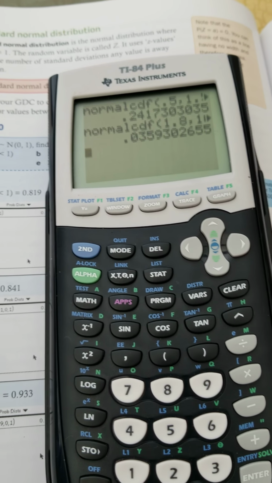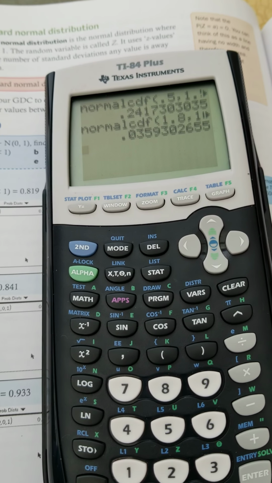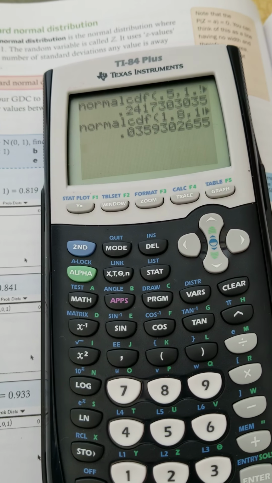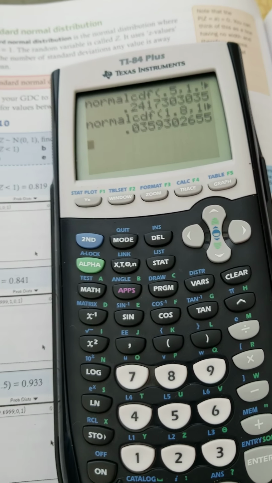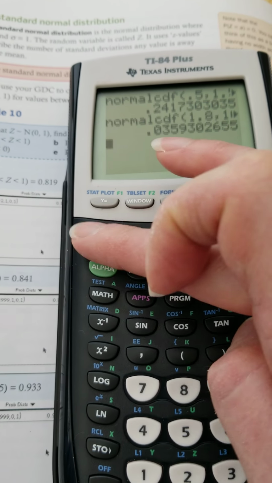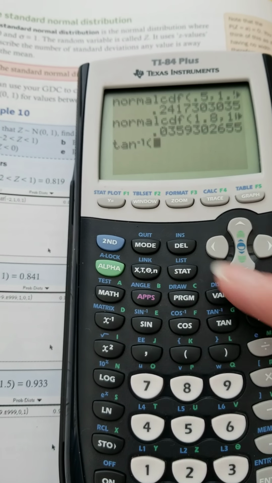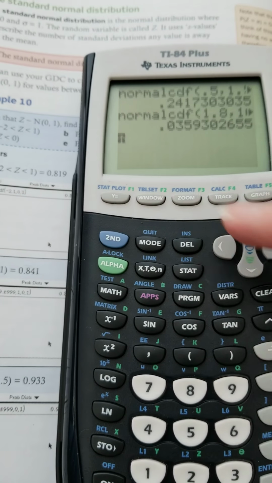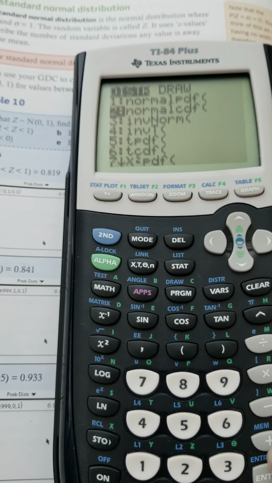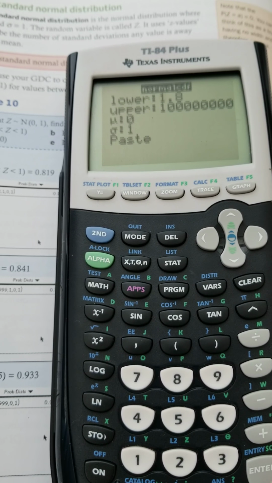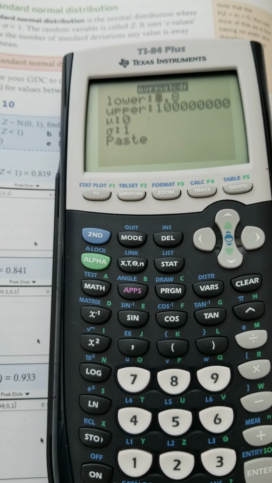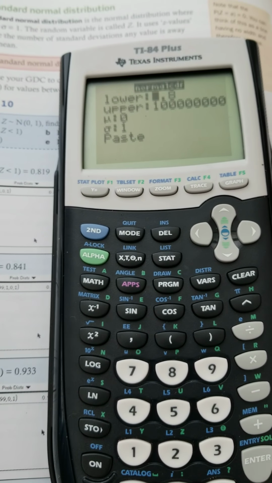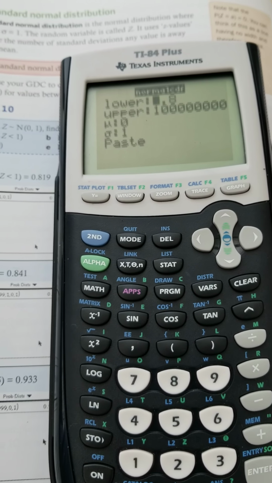All right, let's do one more. So now we're going to look at the one where Z is less than or equal to negative 0.28. So I'm going to go back to second vars. Let's clear this. Second vars, normal CDF. This time the lower limit, again, I want to make sure I get everything below negative 0.28.